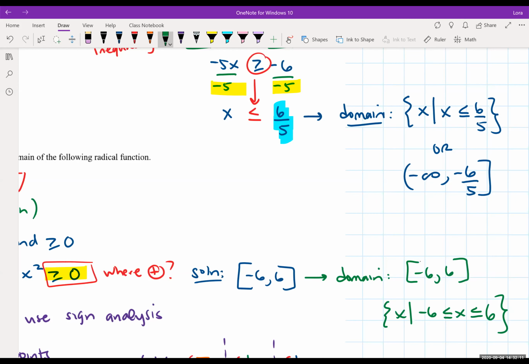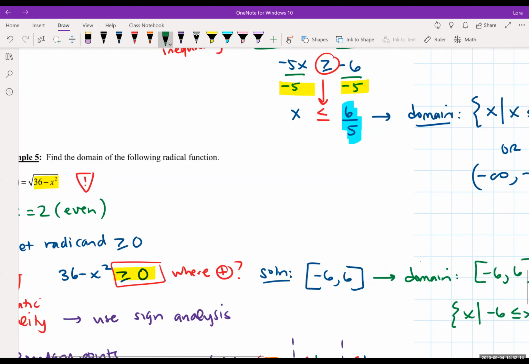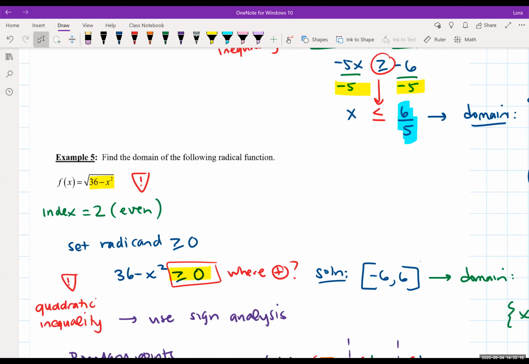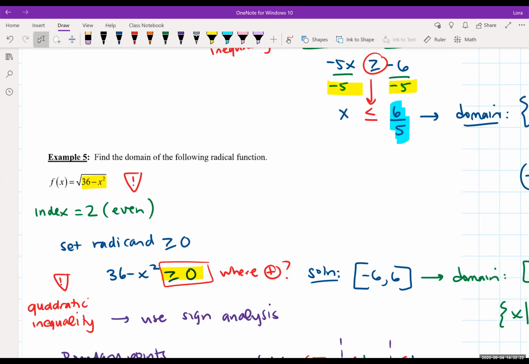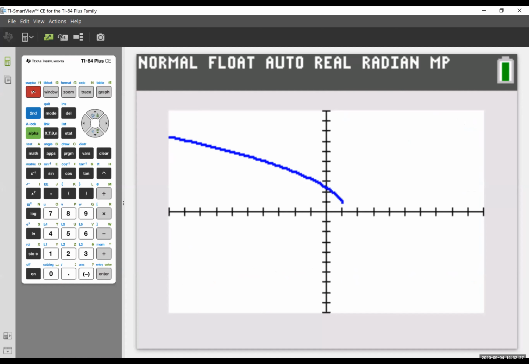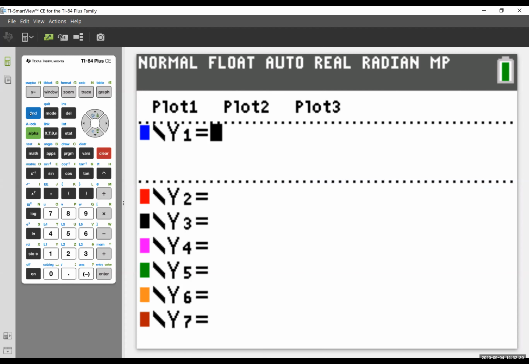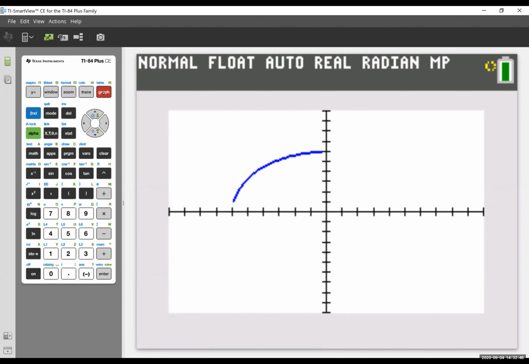I would like to call your attention to looking at the graph to see if what you have analytically matches up with what you see. So let's switch back to the TI to investigate a little more. I'm looking for the square root of 36 minus x squared, making sure that's an exponent of 2. Now we can graph it, and it looks like a half circle.